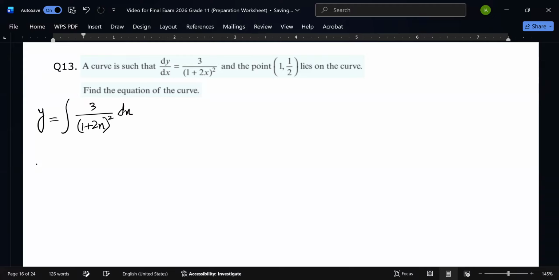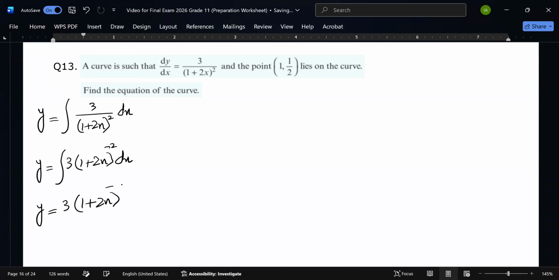But before integration, as you know, variable should be in numerator. That's why I bring up this bracket and the power sign changes, becomes negative. Now we integrate, the constant 3 will remain same, the bracket will remain same.